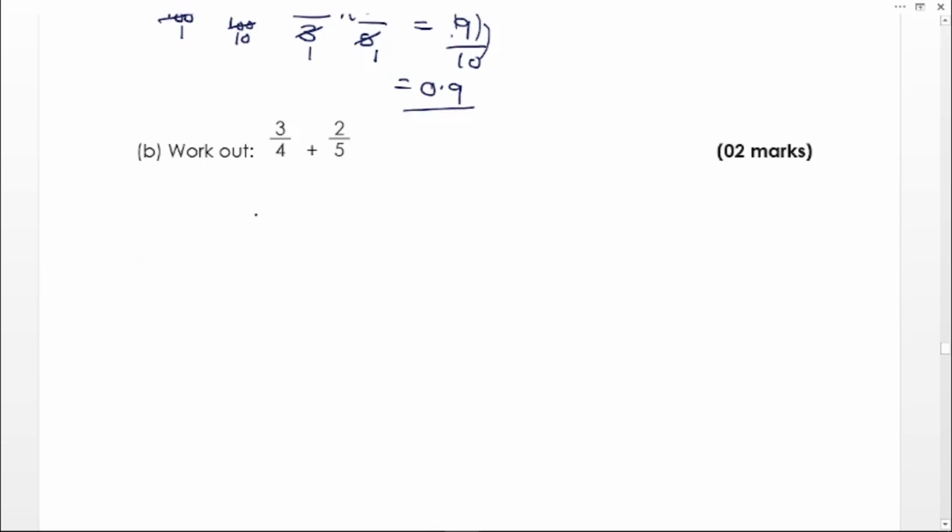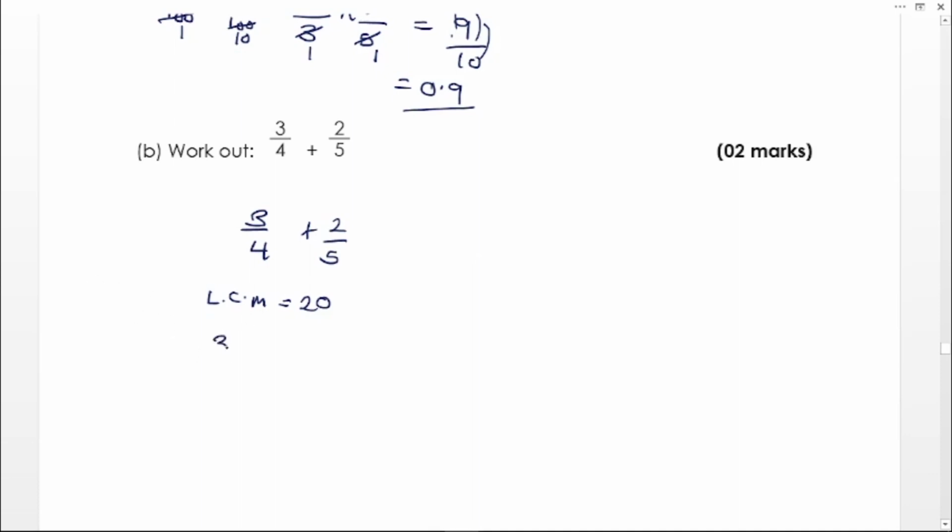Part B is very simple. 3 quarters add 2 fifths. Here we are going to get the LCM. So the LCM of 4 and 5 is 20. So those who don't know how to get an LCM, please just visit our website revisionug.com. You are going to find all the content about fractions.